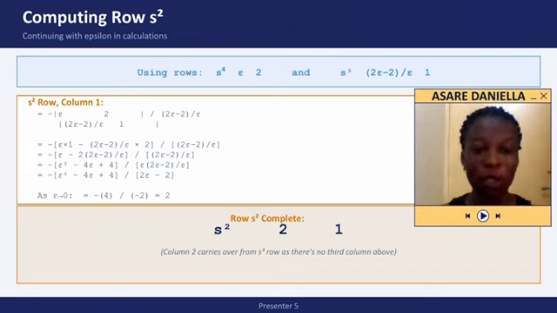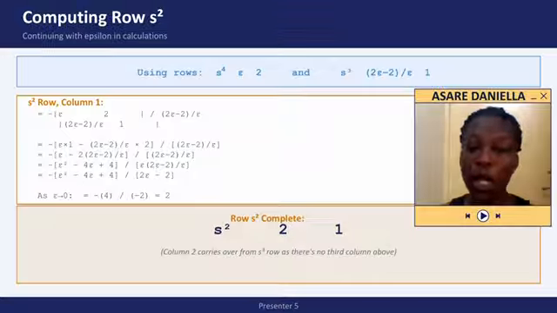For the first element of S squared, the matrix uses columns 1 and 2 from these two rows. From the top one, that's epsilon and 2, and then the bottom one, that's negative 2 over epsilon and 1.